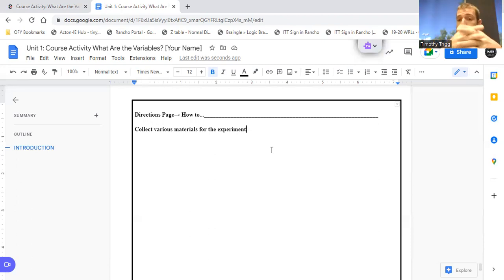So I want you to explain that there. And what we're going to do is measure the difference in mass between those that were in the water versus those that were in the vinegar. And we're going to see if the vinegar had an effect on the resulting mass of these objects.